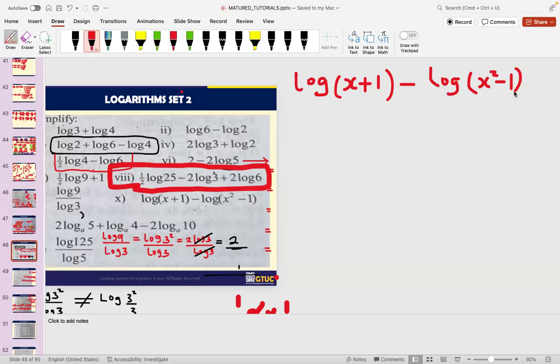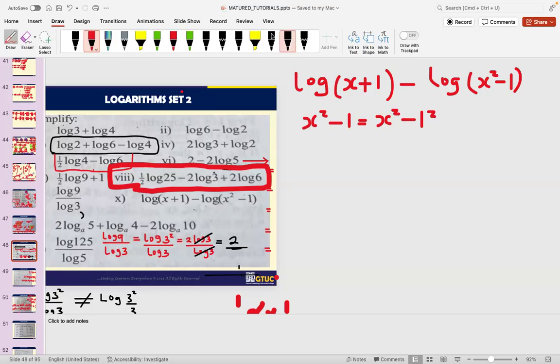There's a mathematical trick that we need to know. If we don't do it, it will worry us. Now, I hope you know that x squared minus 1 is the same as x squared minus 1 squared, because 1 squared will give you what? 1.